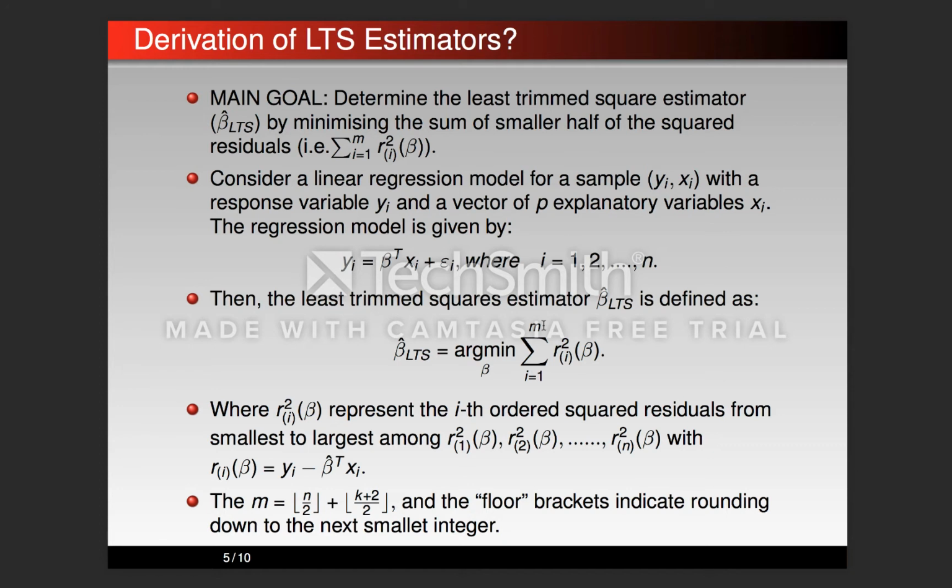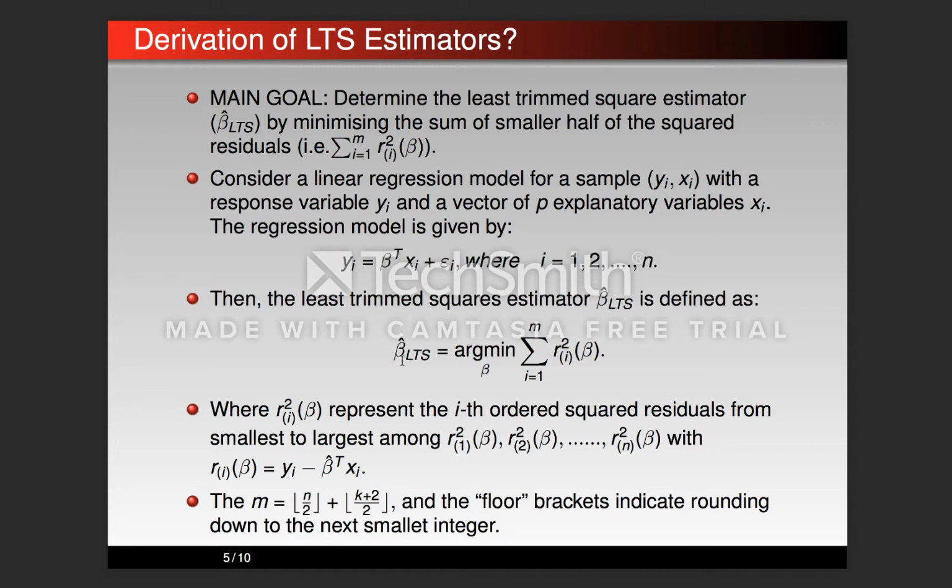And the m here is equal to floor of n by 2 plus k plus 2 divided by 2, where the floor brackets indicate that we have to round down to the next smallest integer. The m is also called the trimming constant. The LTS estimator can attain the maximum breakdown point when m is equal to floor of n by 2 plus k plus 2 divided by 2.